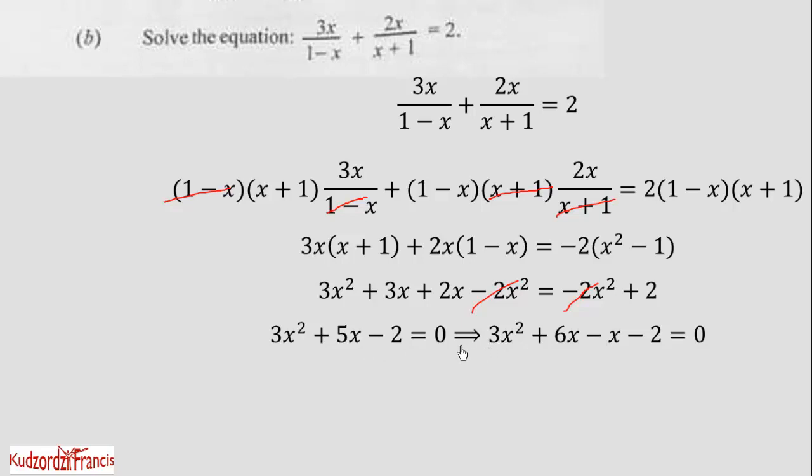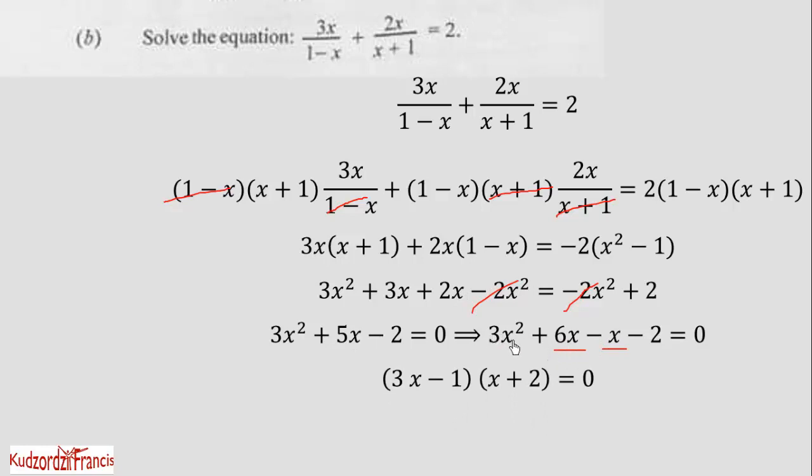And this will mean that we need to split the middle term. When you multiply 3 by negative 2, you get negative 6. So 2 factors of negative 6 that, if you add, you get 5, and if you multiply, you get negative 6, is negative 1 and 6. So that's how we got this splitting over here. Then the next thing we do is to factor.